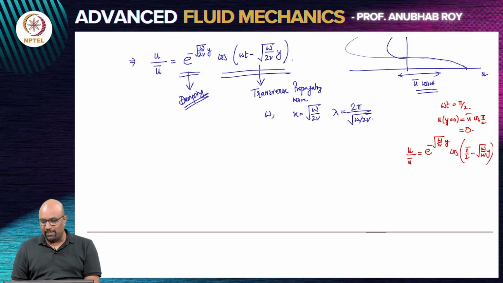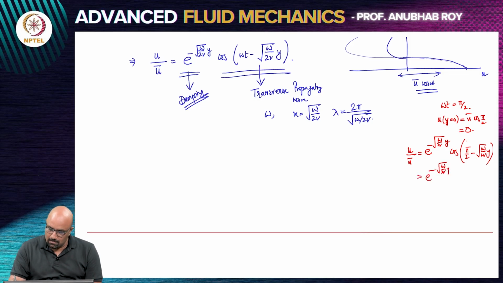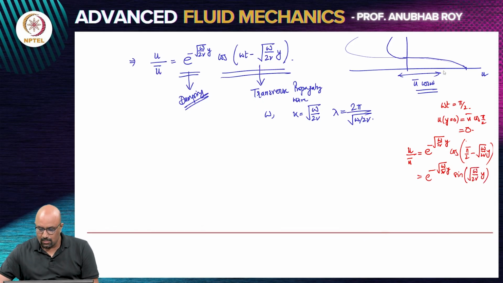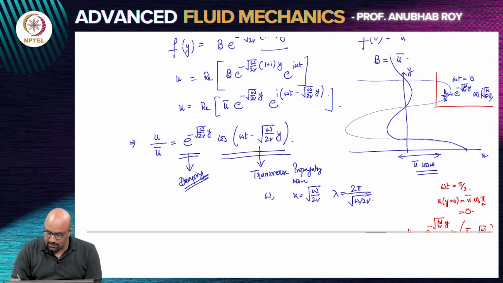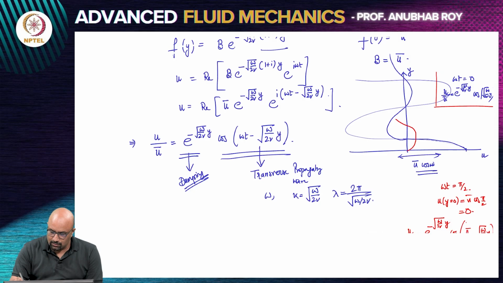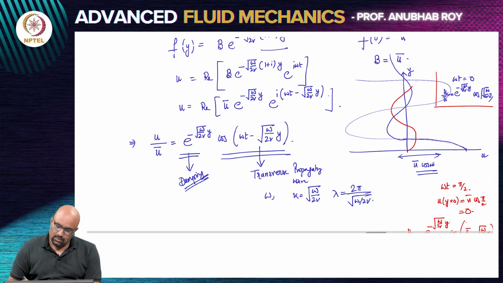Now what is cos of pi by 2 minus square root of omega by 2 nu y? It will be a sine. So this would be a sine function. Now if I plot this, it will look something like this.